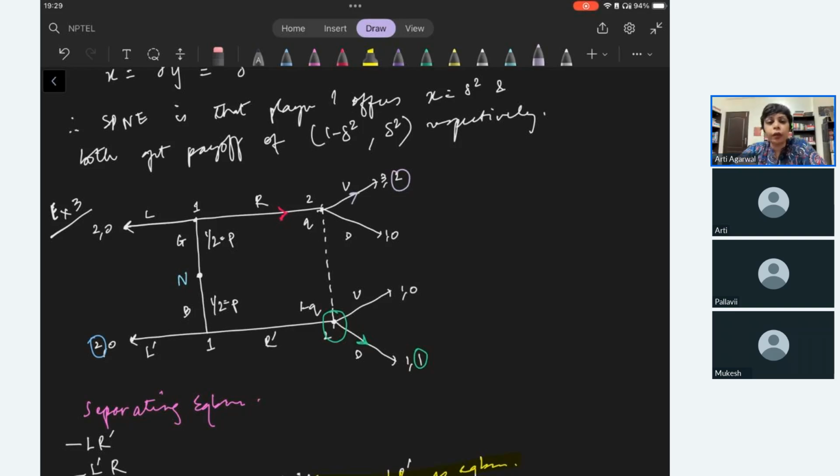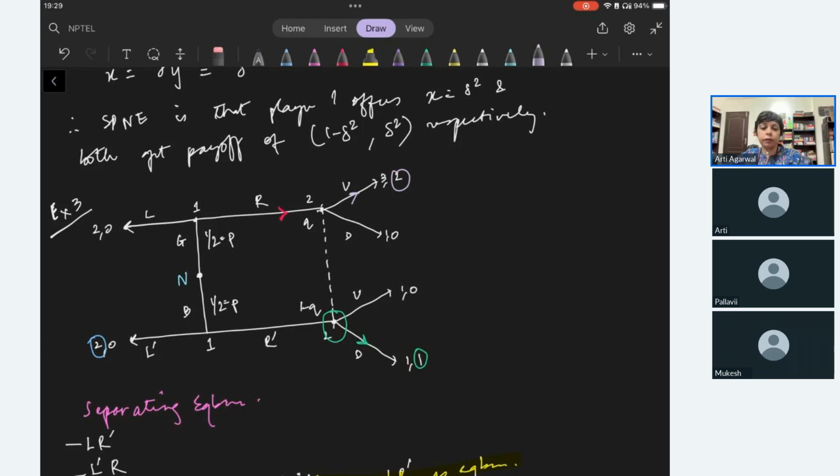If player 1 puts his thinking hat on, player 1 knows that if he plays capital R, player 2 is going to choose strategy U. Now, if player 2 is choosing strategy U, player 1 is getting a payoff of 3, right? Whereas if he chooses capital L as a strategy, he is getting a payoff of 2. So it's in his best interest also to play strategy R, sorry.